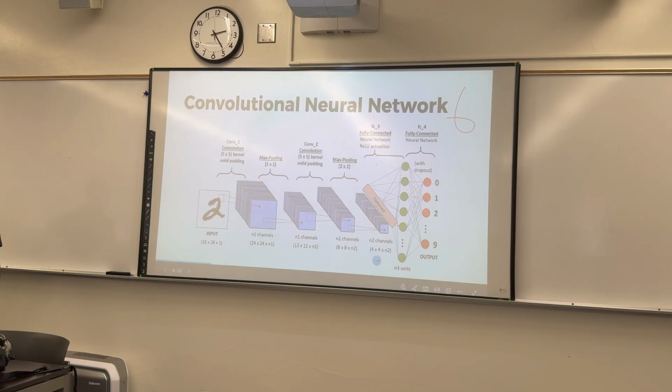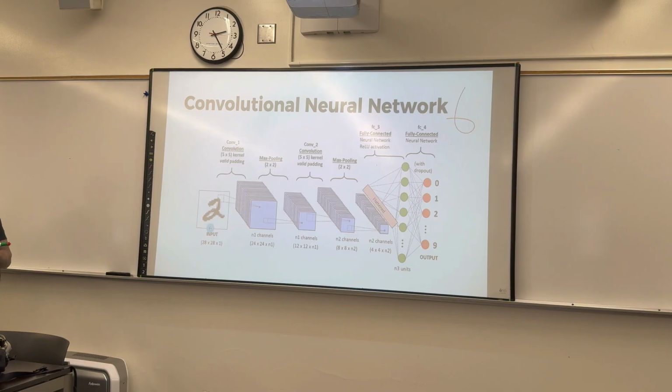This 4 by 4 is obviously a lot smaller than 28 by 28. So we need a way to downsize our original input image while extracting meaningful features, and these features are going to be indicative of whatever we're trying to predict. In this case, we're trying to predict the number 2.